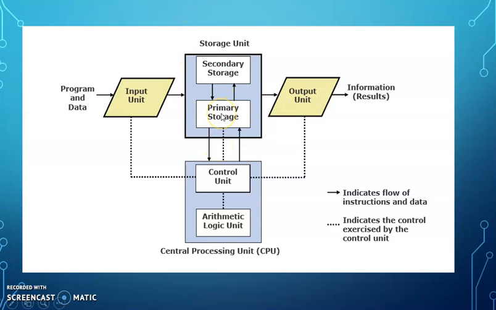Storage unit is sending and receiving data to and from the CPU, and it is receiving input from input unit and giving the final output after processing to output unit. So this is all about the block diagram and working of all the units of computer in a broad way.